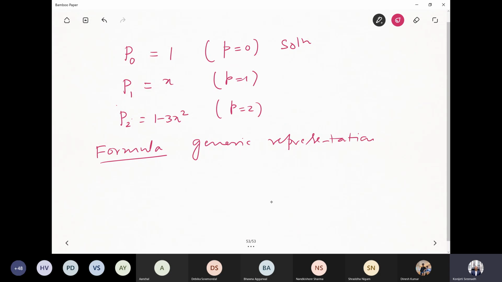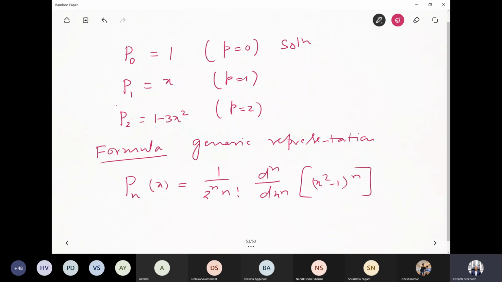That is this Pn for any n. For any n, I can write Pn(x) as what is given there: 1 upon 2 power n into factorial n, into d power n by dx^n of (x squared minus 1) power n.